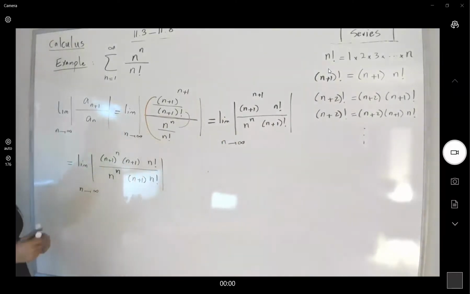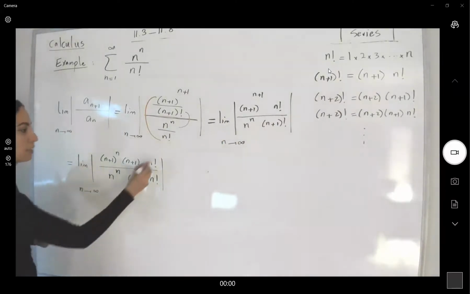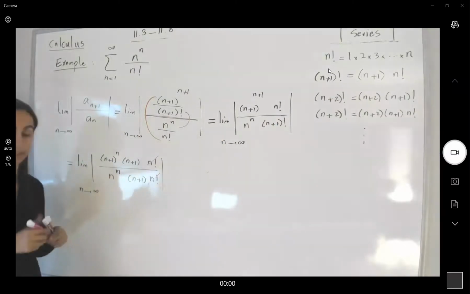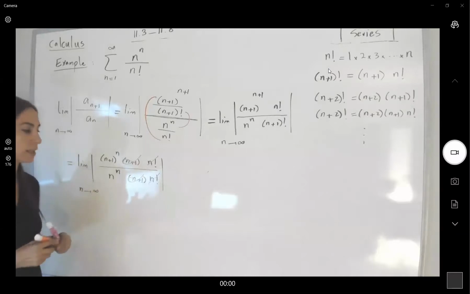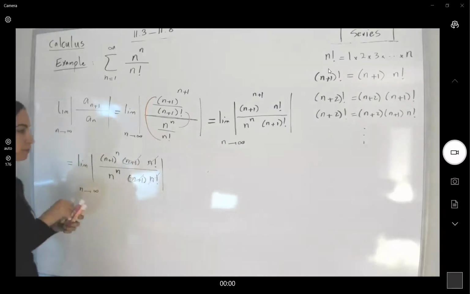Very well. I can simplify this: n factorial and n factorial cancel out, n plus 1 and n plus 1 cancel out. What's left?